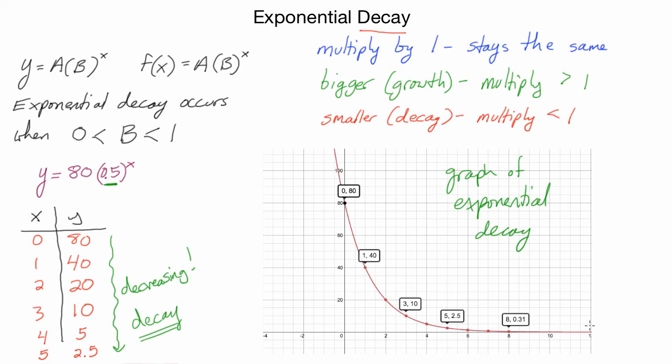But there we go. There's a good example of exponential decay. It happens when our value for b is between 0 and 1. And there's all sorts of types of growth that we can use an exponential decay function to model, including radioactive decay, declining populations, anything that we're shrinking in value on a repetitive basis, we can use an exponential decay function.